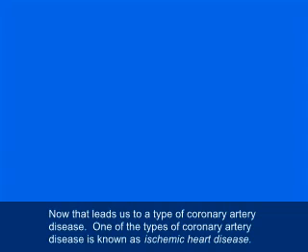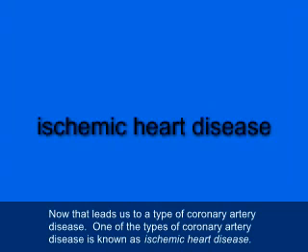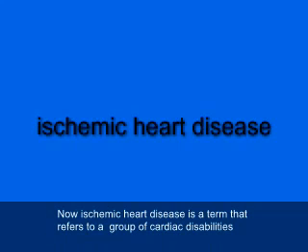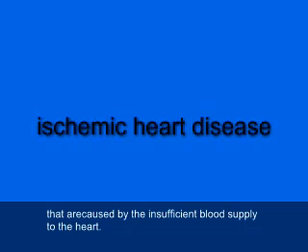Now, that leads us to a type of coronary artery disease. One of the types of coronary artery disease is known as ischemic heart disease. Now, ischemic heart disease is a term that refers to a group of cardiac disabilities that are caused by the insufficient blood supply to the heart.